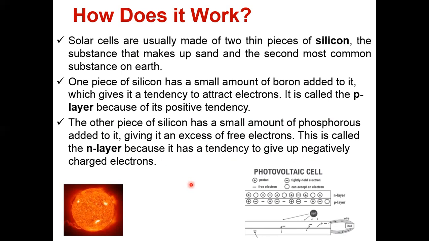So here we can see the photovoltaic cell. Sunlight, that is sun radiation, will be falling on the photovoltaic cell. P layer means positive, and n means negative, so that's why we call it a PN junction.